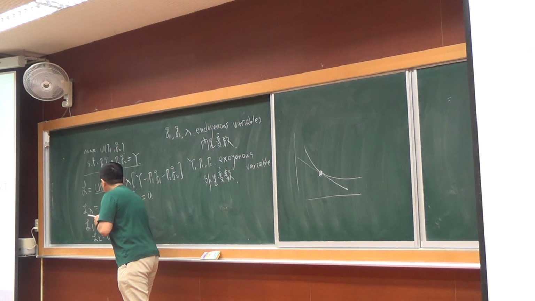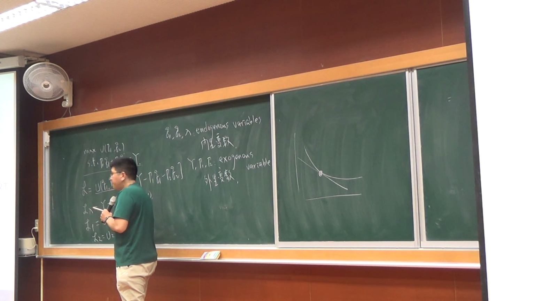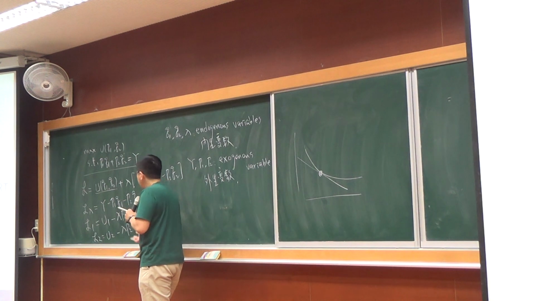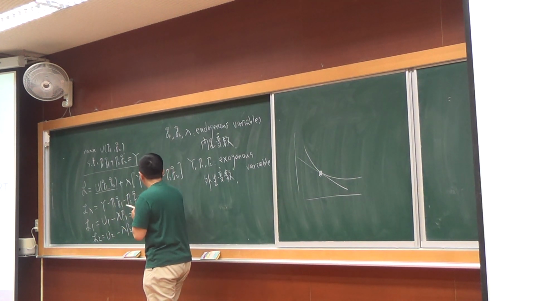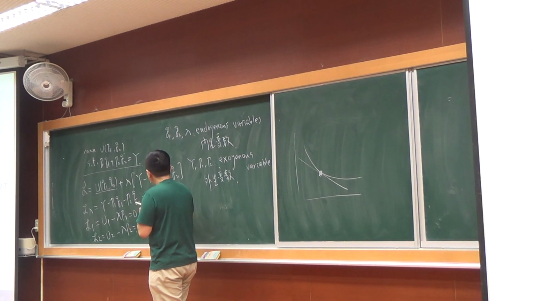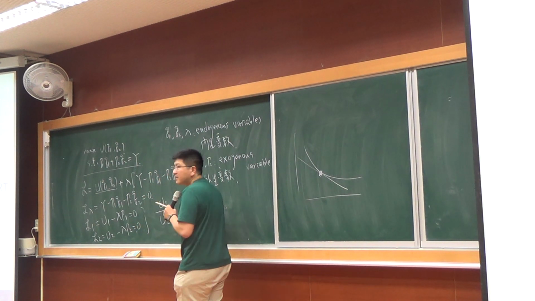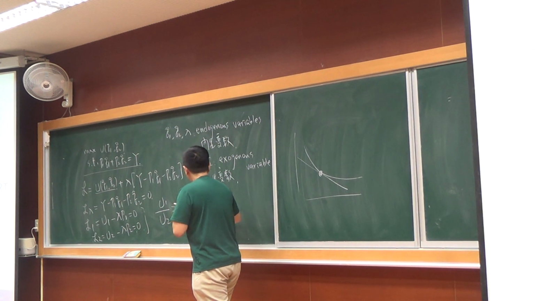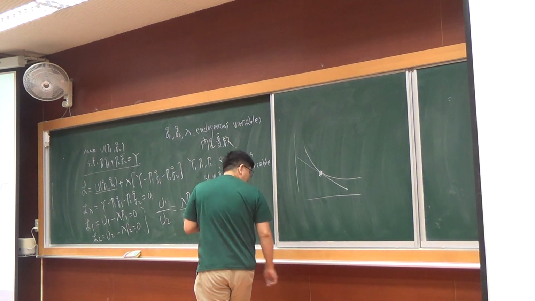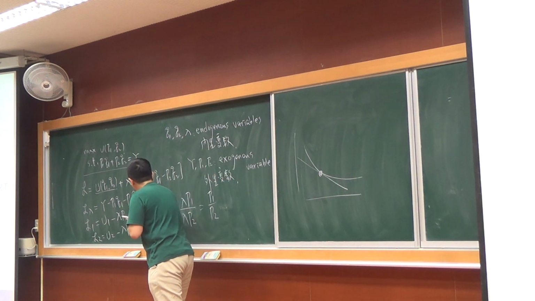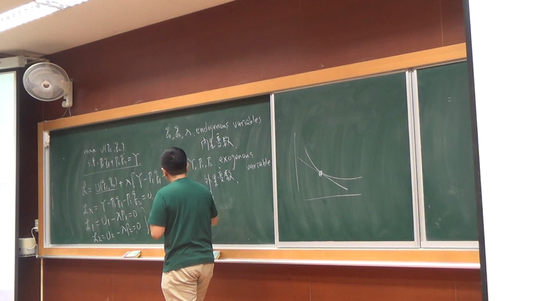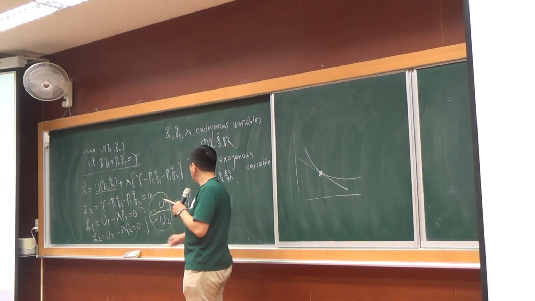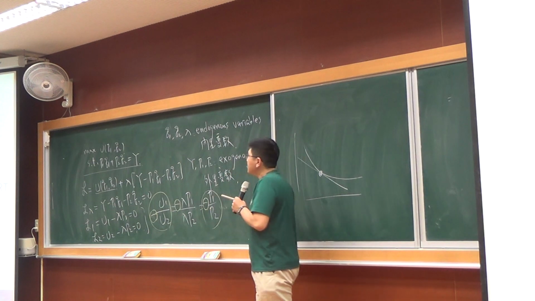Now again, from the math, why do we see MRS equals MRT? If we rearrange these equations, putting lambda P1 and lambda P2 on the right-hand side, and divide the two equations, the left-hand side would be U1 over U2, and the right-hand side would be lambda P1 over lambda P2. Lambda can be cancelled, so it would be P1 over P2. If you put a negative sign here, this would be MRS, and this would be MRT.